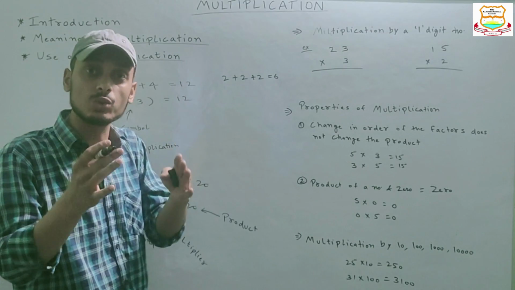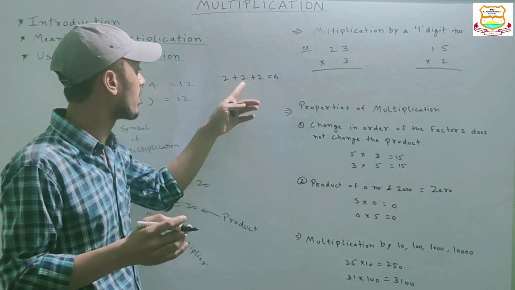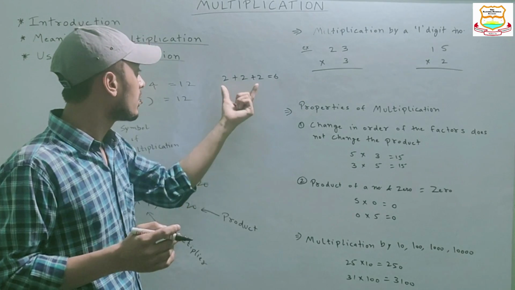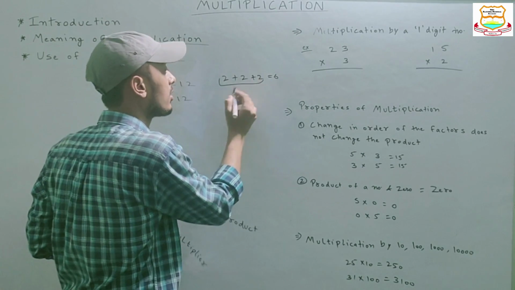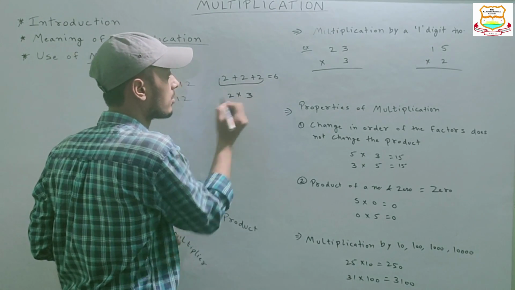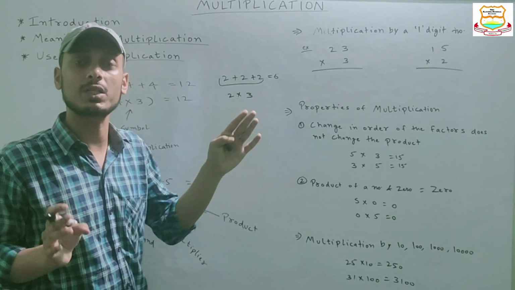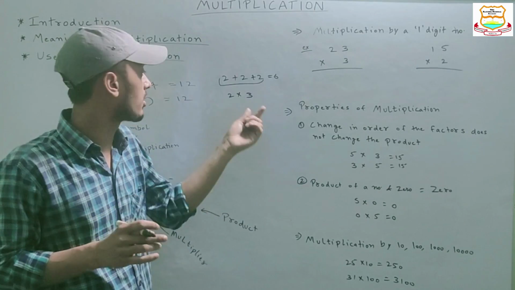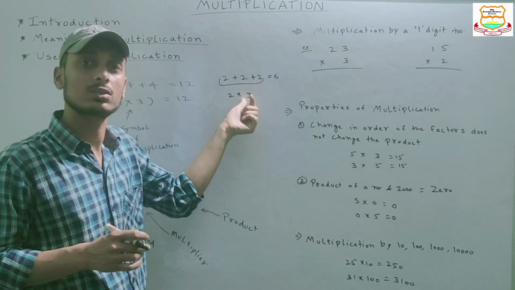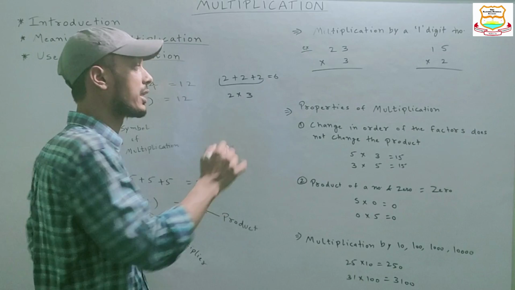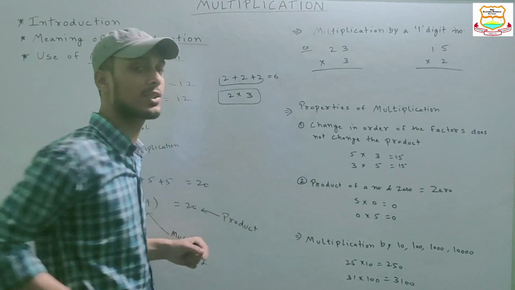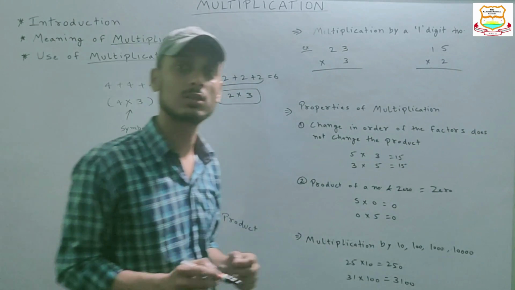This repeated addition can be represented like this: 2 into 3. In mathematics, we represent repeated addition by cross. This is called multiplication of 2 and 3.